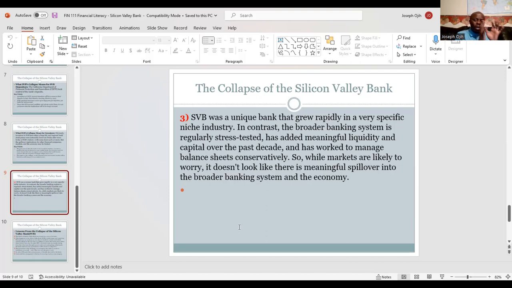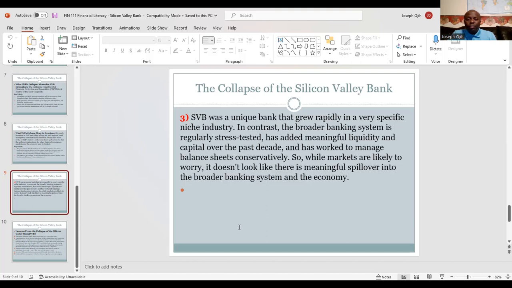So they took a particular niche and grew very fast. Unlike other banks, like Bank of America, M&T Bank, and many others, those banks, after the subprime crisis of 2007, learned their lesson.